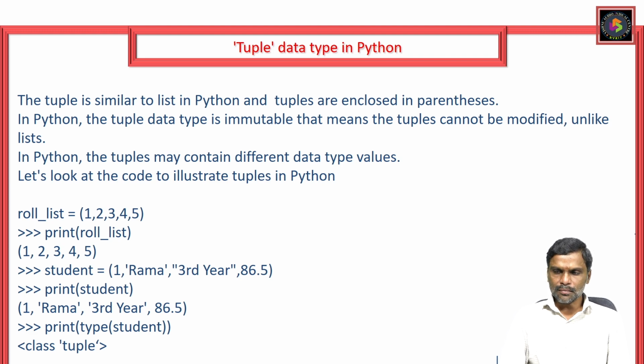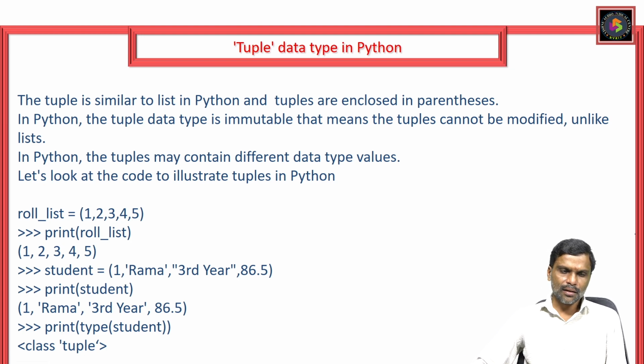Immutable means the tuples cannot be modified like a list. These are the basic data types I am going to discuss. In the third unit, you are going to discuss what operations can be performed on lists, tuples, sets, dictionaries, everything. These are the basic data types, so I am going to discuss only basic things here.